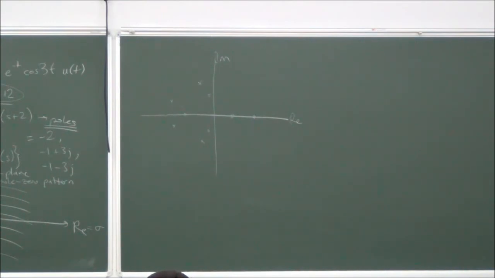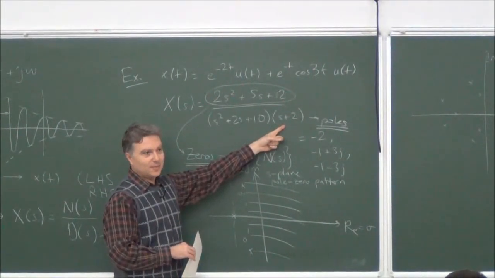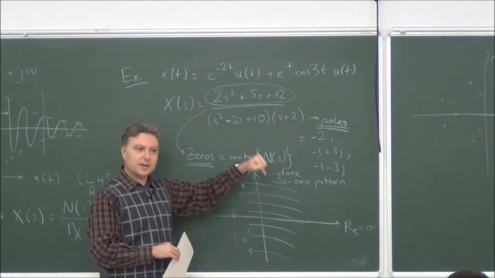We don't have a pole at an S point which is also a root of the numerator. But that is possible, and you may not see it at once. For example, you take a quadratic, cubic, or fourth-order polynomial, and perhaps one of the roots is already -2. That is possible. You have to be very careful about that.